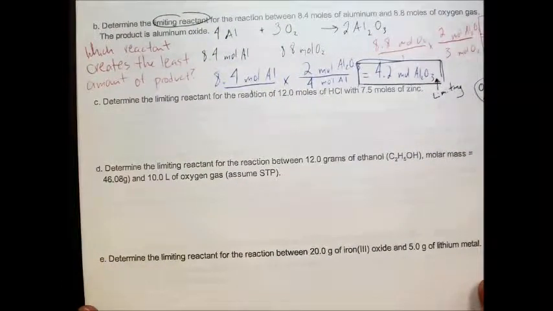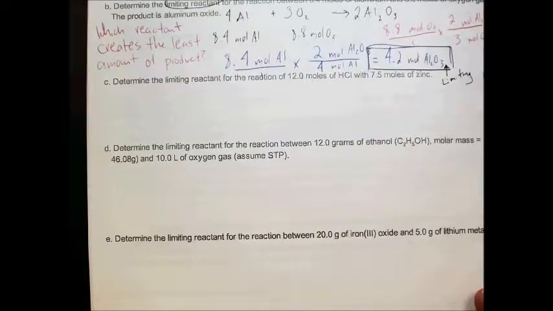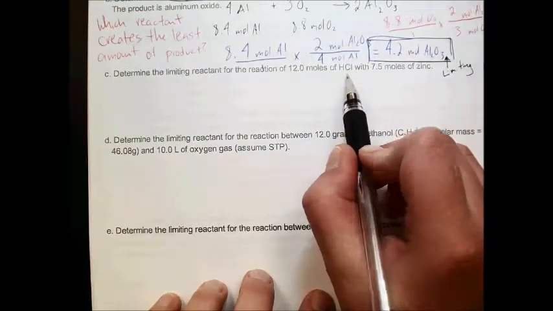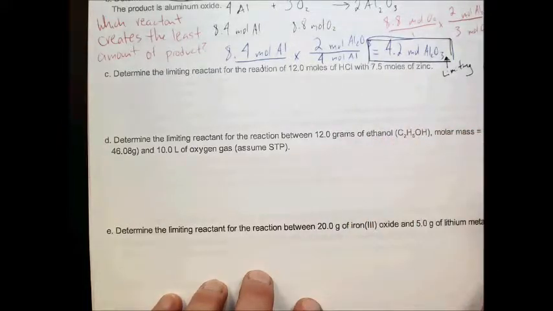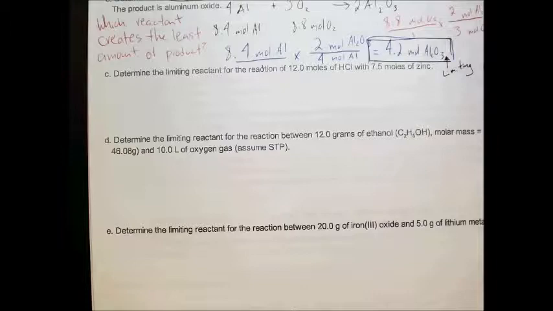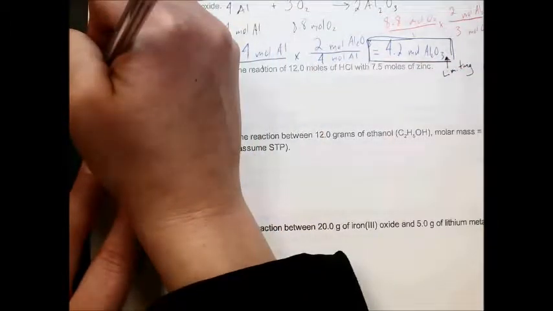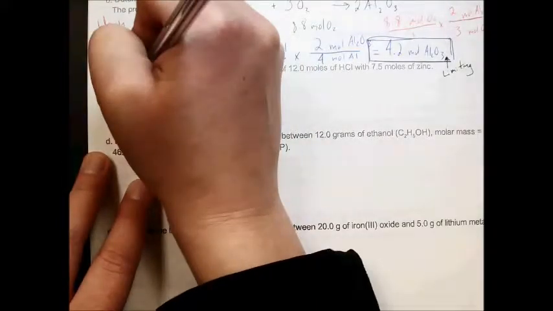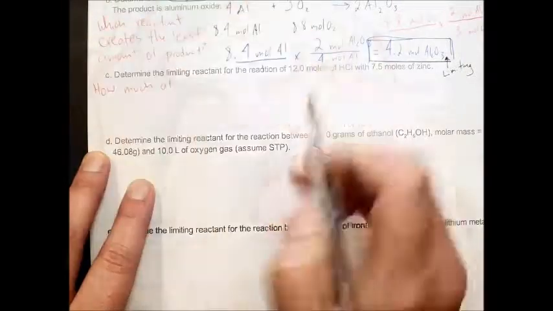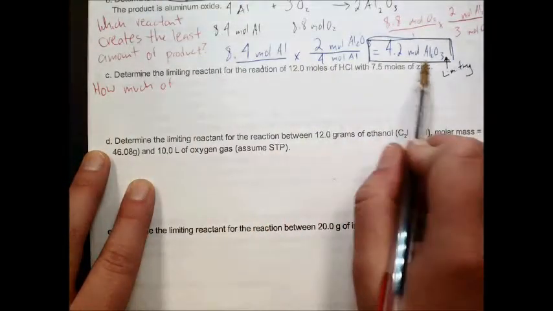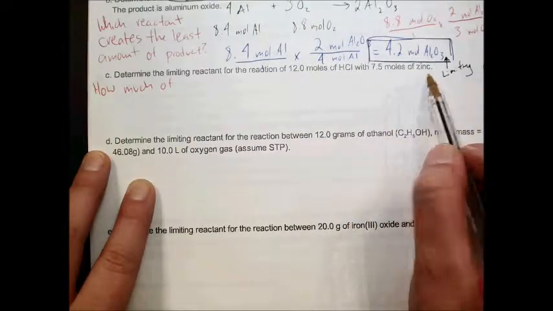Let's do another one together. C says, determine the limiting reactant for the reaction of 12 moles of HCl and 7.5 moles of zinc. So it's the same type of problem, but we're going to solve it in a slightly different manner. So the question that we're going to ask ourselves is, how much of reactant A, we'll say hydrochloric acid, do we need to react with reactant B?